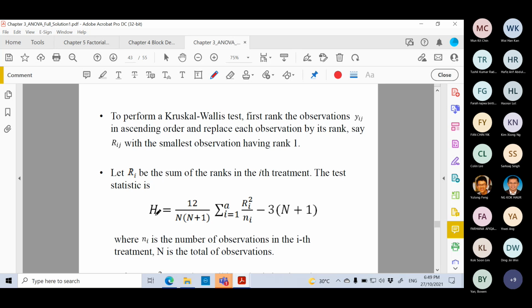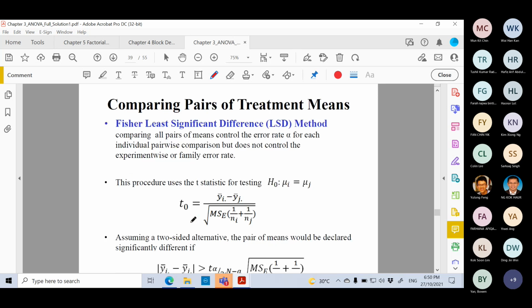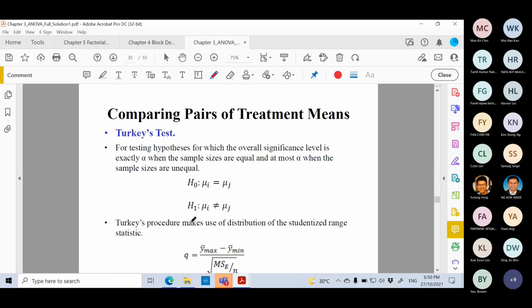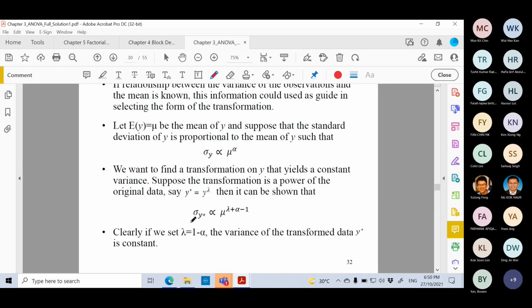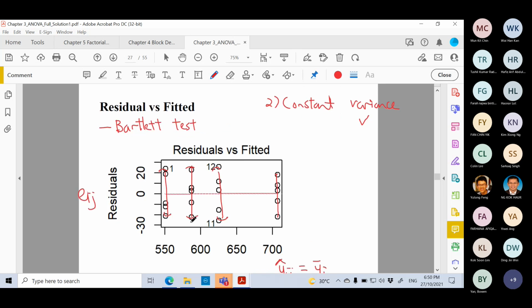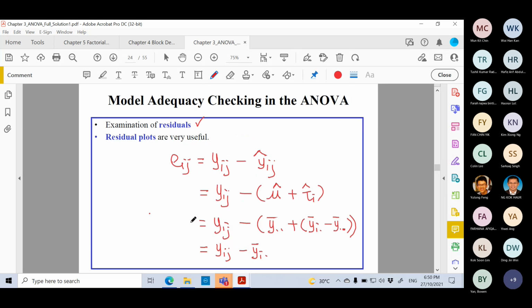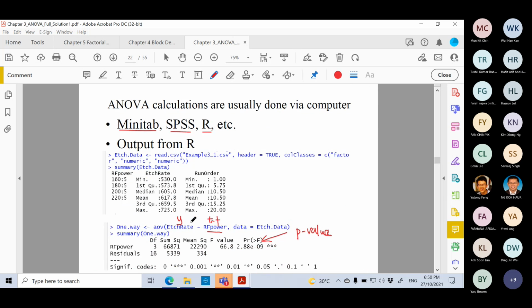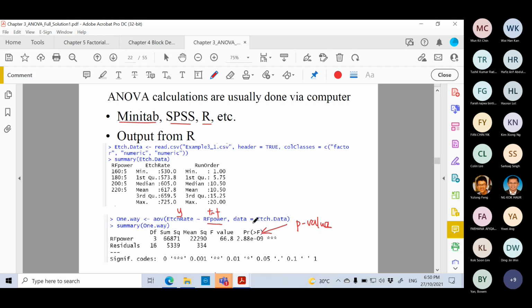Then the constant variance is not necessary, but after you run the analysis, you can get your ANOVA result. But is this answer valid or not? Then we go to checking the normality assumption.